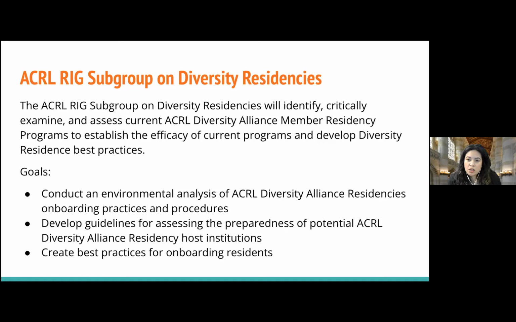And so our goals are to conduct an environmental analysis, specifically targeting onboarding practices and procedures, to develop guidelines for assessing the preparedness of potential ACRL Diversity Alliance residency host institutions, and to create best practices for onboarding residents. And with that, I will pass it to Laura. Next slide, please.